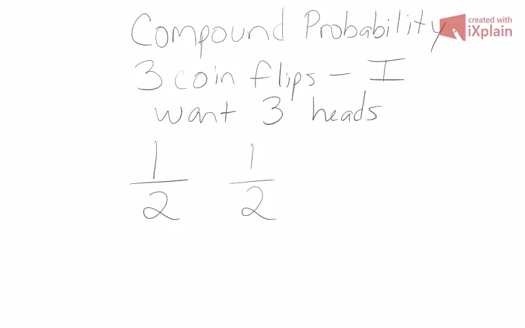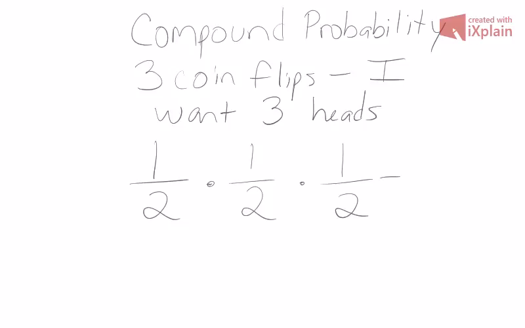And then the next time it will be 1 out of 2 again. And we're going to multiply these fractions together because when we solve compound probability, we multiply the probability of each thing happening.